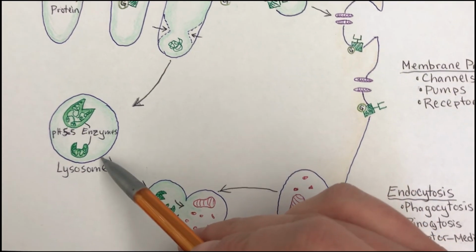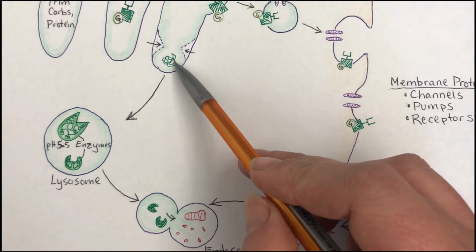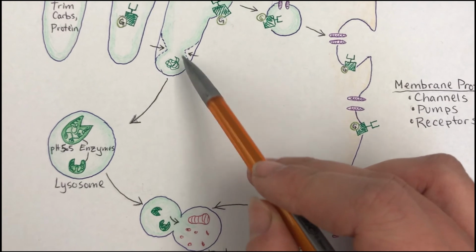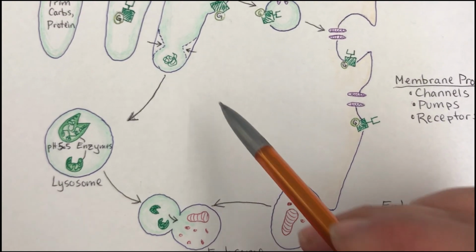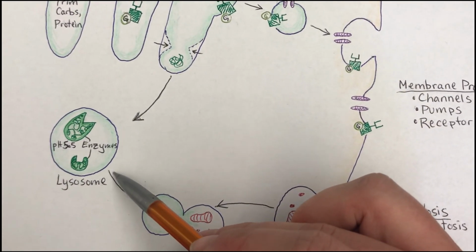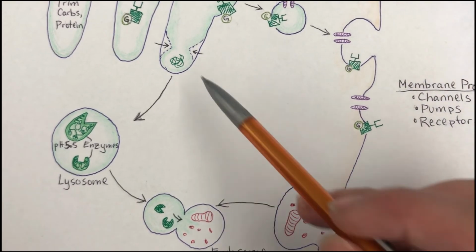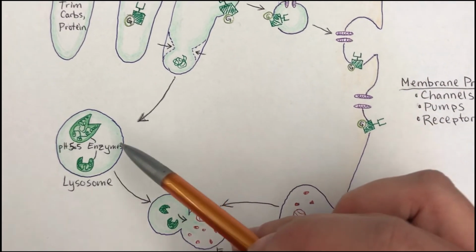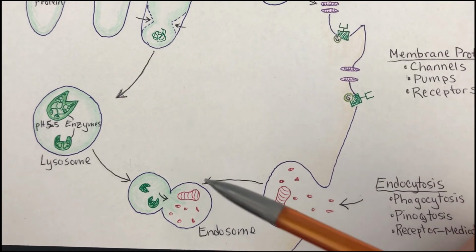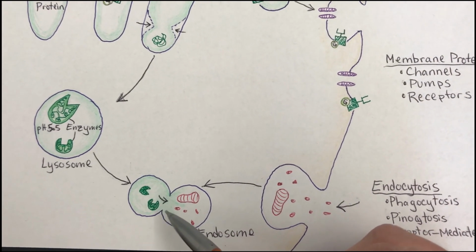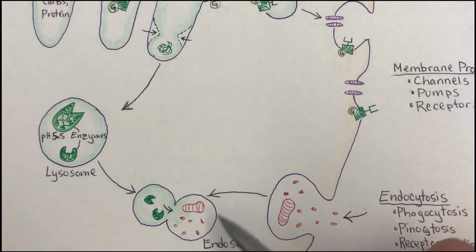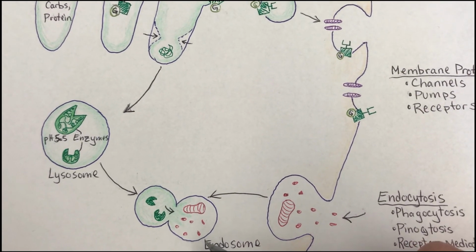Okay, and the lysosome, a vesicle from the Golgi apparatus filled with proteins that we just transcribed, translated, processed, and packed into this little vesicle here. This lysosome can then fuse with the endosome, essentially allowing all of these substances here to be digested.